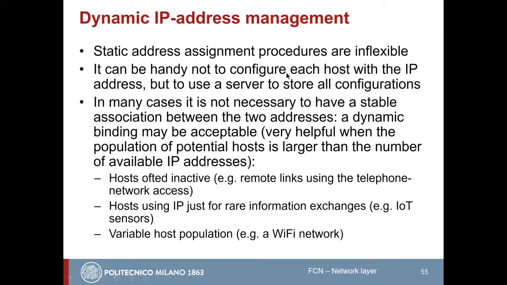The alternative, which is more practical, is to use a server. If you have a server and a protocol that allows the IP interfaces to communicate with this server, then you can configure the interfaces in an automatic way.